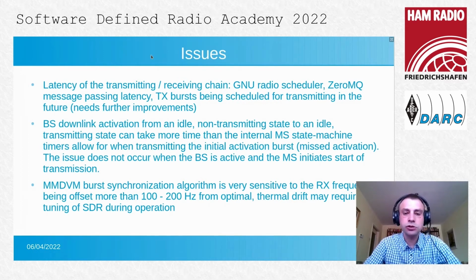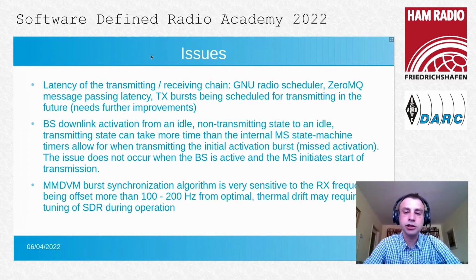And then it will switch to receive mode for a determined amount of time, in which it will wait for the base station to start its transmission, synchronize to it, and only then switch again to transmitting our actual voice to the base station.